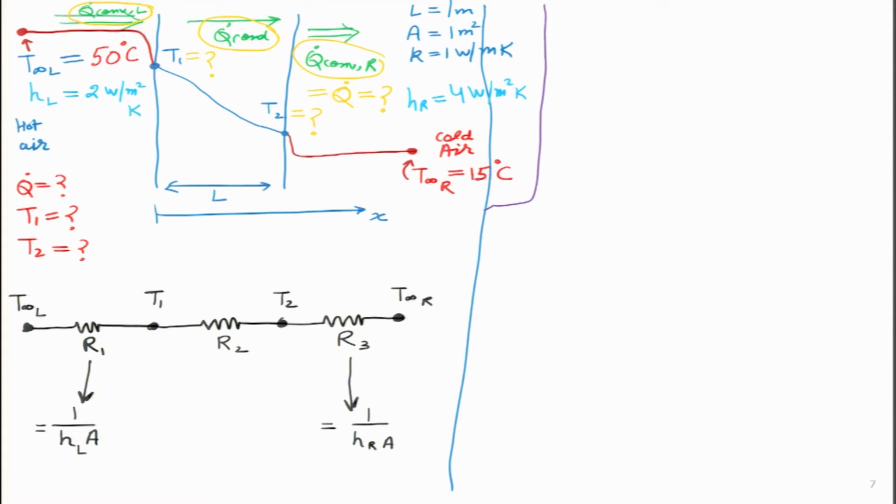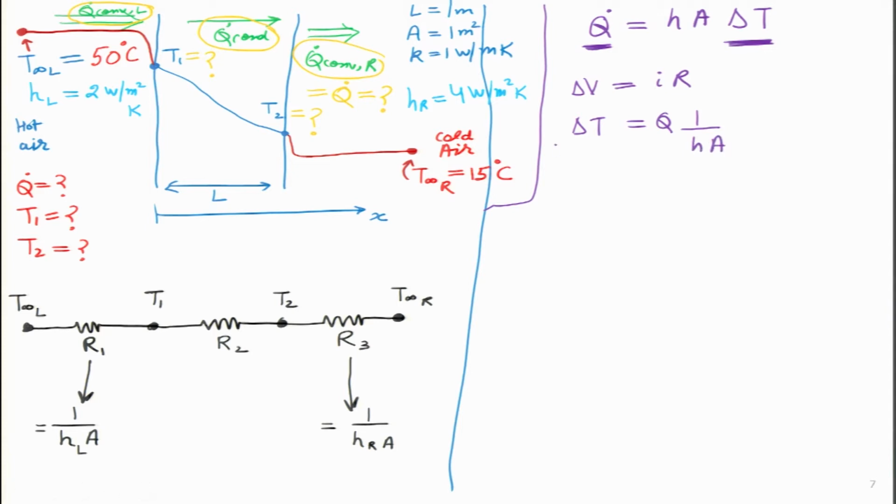We can very easily find it out just by writing the rate of heat transfer for convection. It turns out to be HA into delta T, and this is my current analogy, my voltage analogy, which means if I write V equals IR, or delta V, then over here my delta V becomes delta T, and I becomes Q. What remains is essentially 1 upon HA.